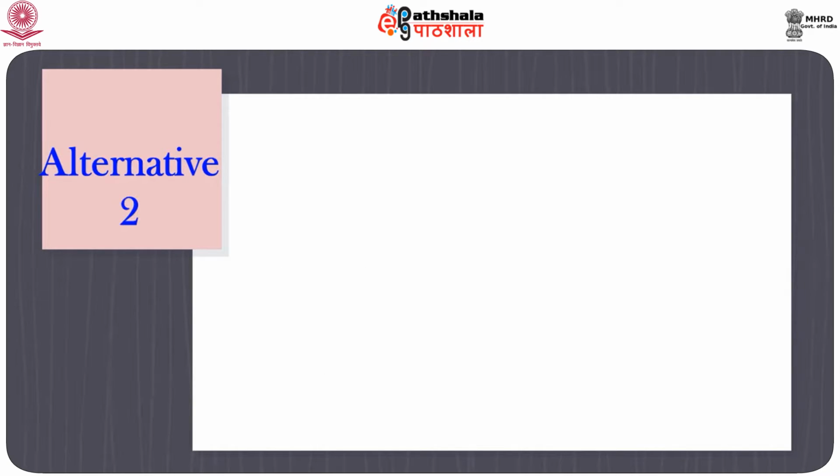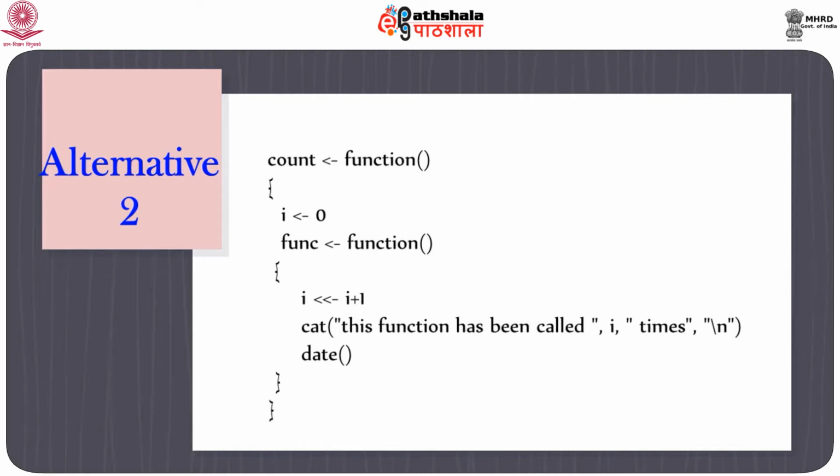We may also put the function in a different way which will be even easier to understand. So, let us consider this. Following exactly the same logic as in the previous example, we are starting with count 0, and then the function is being written in such a way that each time the function is called, it will show the time at which it is being called.